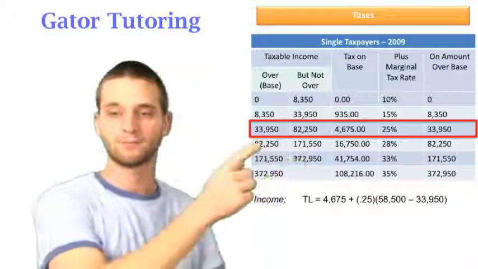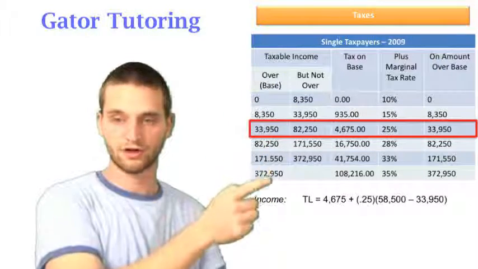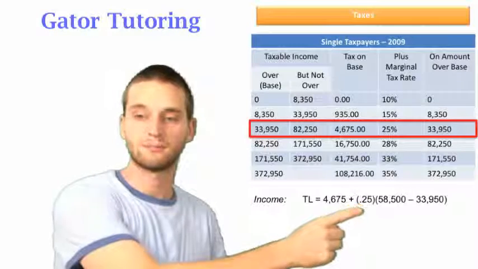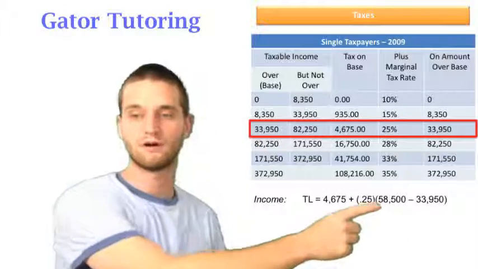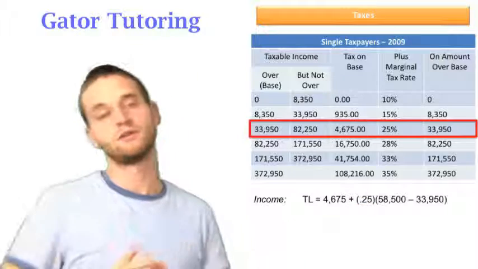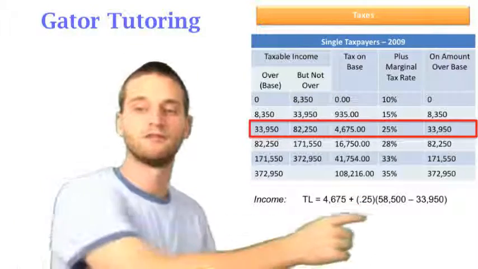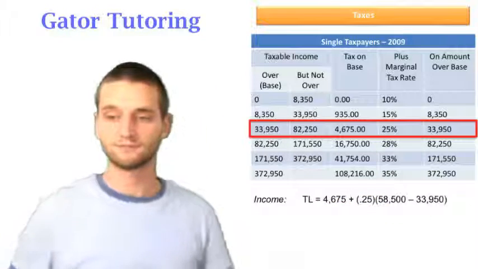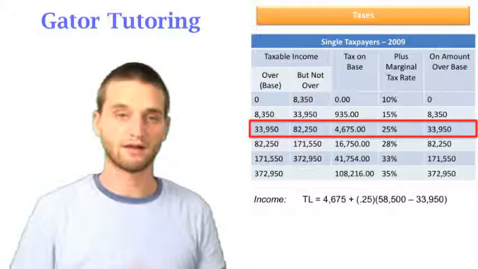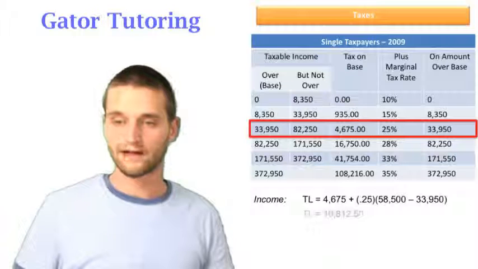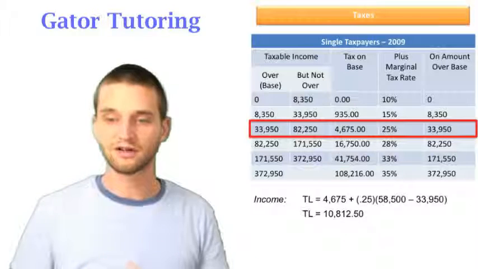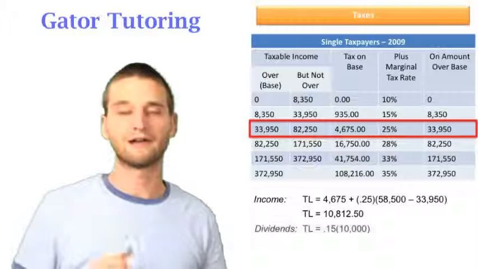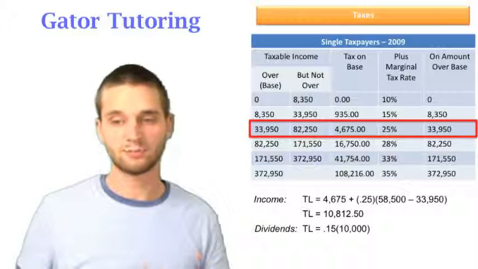Again, the base we get from this first column is $33,950. He gets taxed 25% on the additional money, so it's the difference between his taxable income of $58,500 and the base of $33,950. That's how we find the tax liability on his income. And when we calculate that, we see it's $10,812.50.